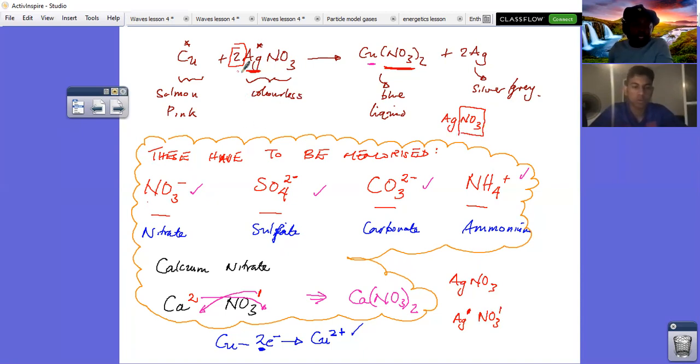But here, remember, is it in the form of an ion or an atom when it's in silver nitrate? An ion. Correct. Because here it's in atomic form now, so it's an element. So what do you reckon the half equation would look like going from left to right?